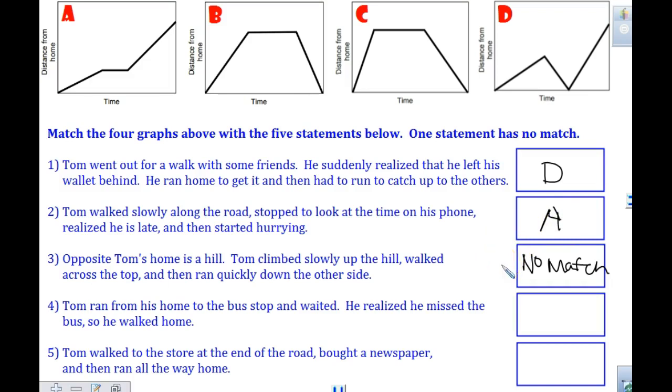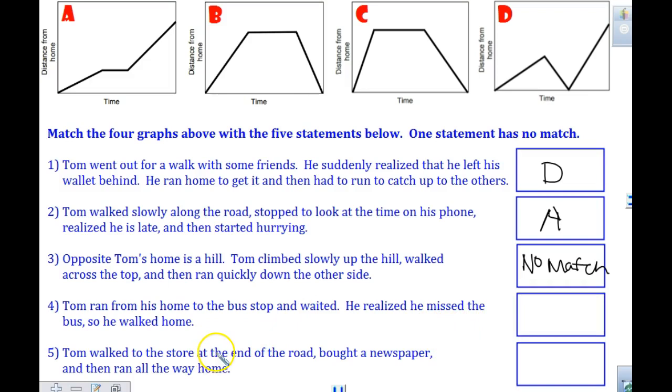So now we want to look at the next one. As you are looking at that next one, what do you think, Nolan? For number 4. Which one? C. Because why? Why different from C than B? Because C from 4 says that he ran and he went faster.